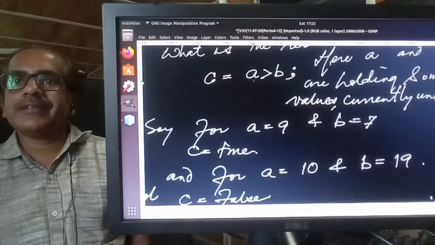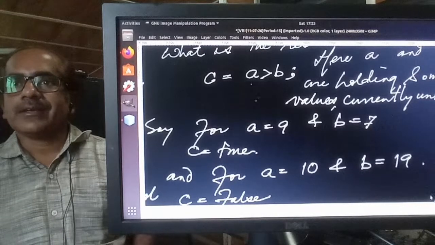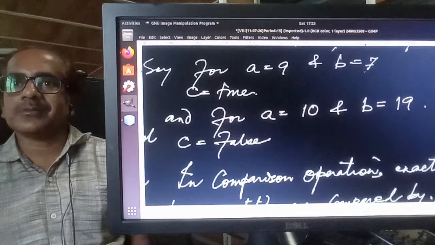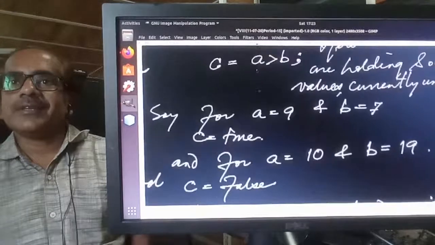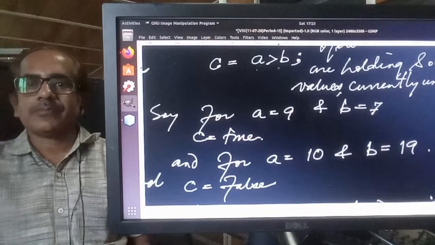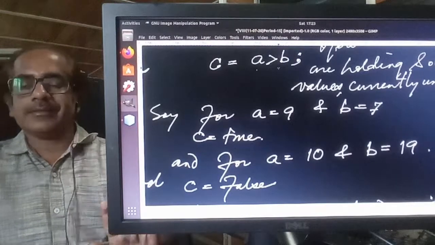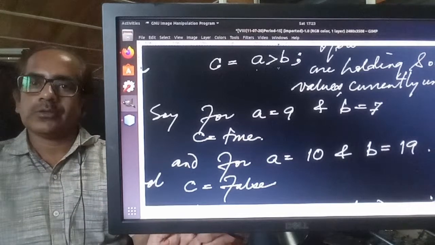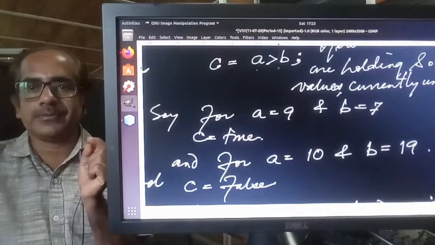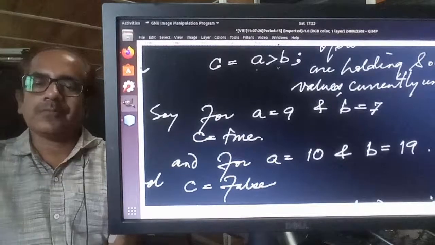So when this condition is kept, whether A is greater than B. As an example, I told you that for A equal to 9 and B equal to 7, the result will be true. A is greater than B. It is a test. All the comparisons are a test whether this is existing or not. So possibilities are only Boolean values. It will return either true or false.